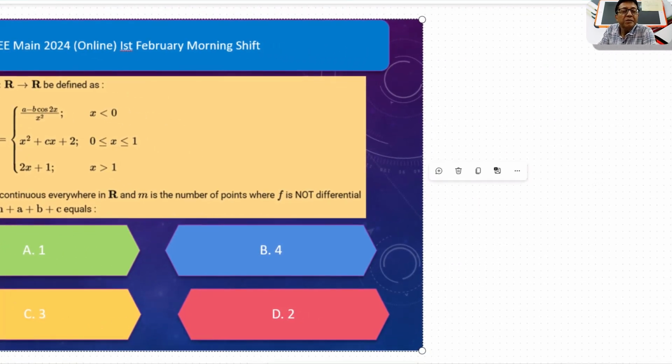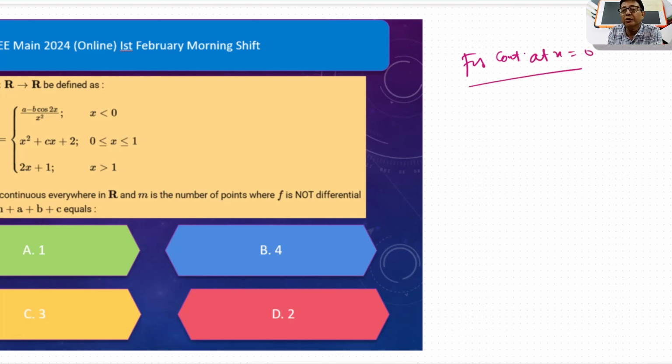Why? Because for continuity you just write the condition first. What is that? For continuity at x equal to 0, you will get one condition. At x equal to 1, another condition. Okay? And f is not differentiable at which point? That also you have to see. For continuity at x equal to 0, what condition will be there?